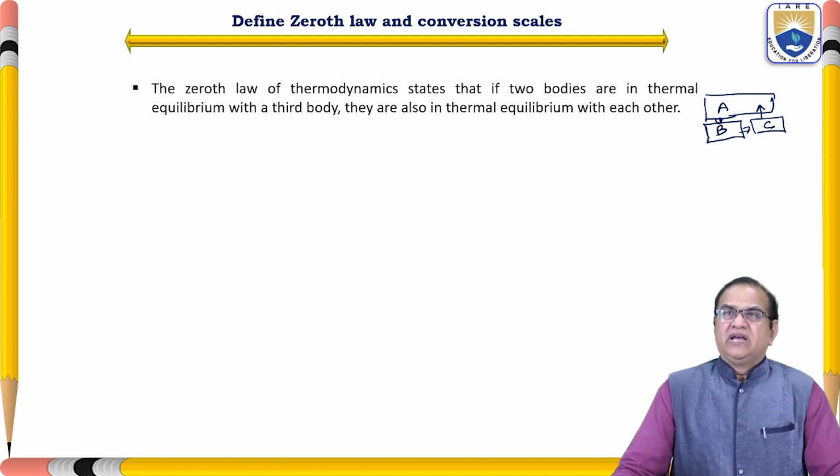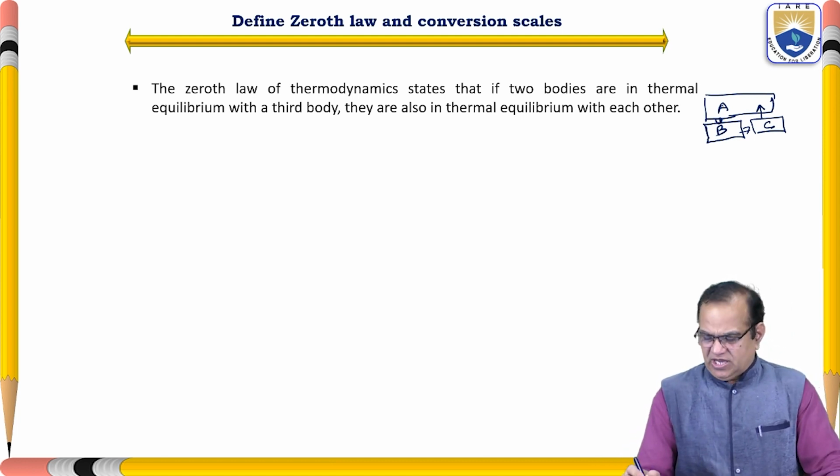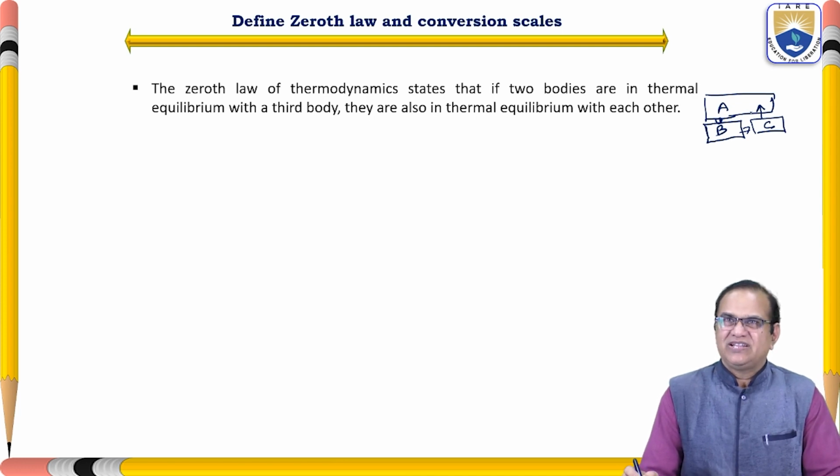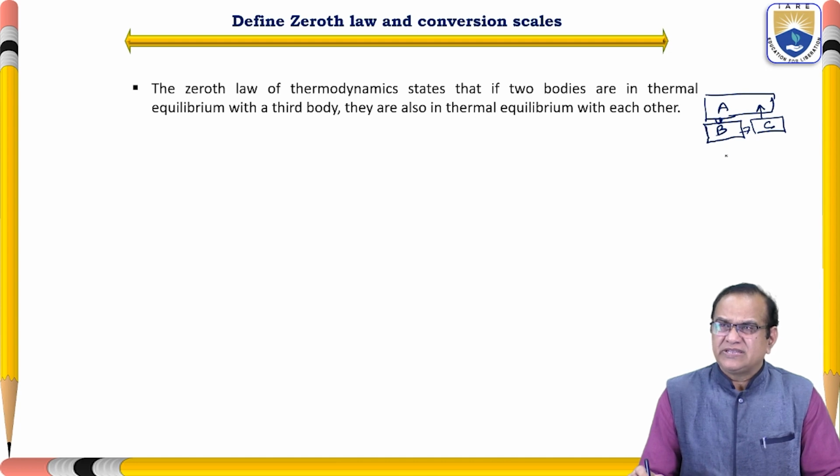So if two bodies are each in thermal equilibrium with a third body C, then they are all in thermal equilibrium with each other. That is the Zeroth law of thermodynamics, and thermometers are made as per that only.